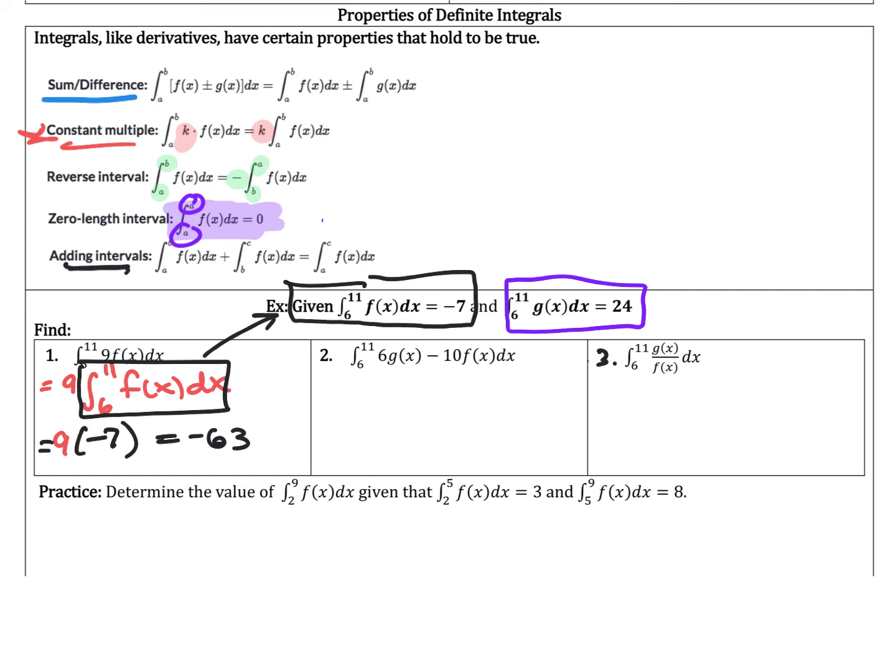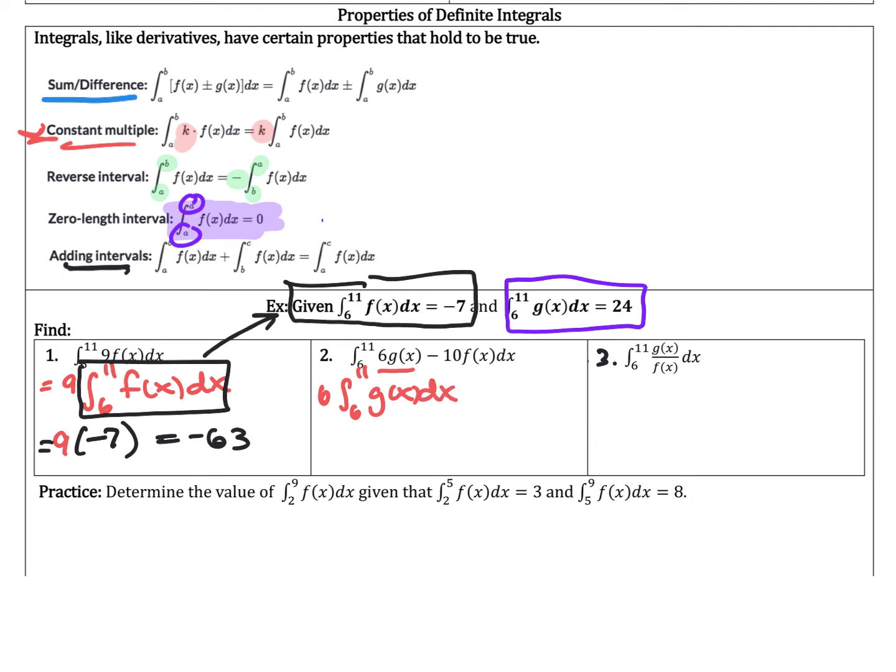For number 2 here, we're looking at the integral from 6 to 11 of 6 times g of x minus 10 times f of x. So we're going to use a couple of properties here, the constant multiple property again, and also the sum difference property. So what we can say for this first piece here, 6 times g of x, is that this is equal to 6 times the integral from 6 to 11 of g of x dx.